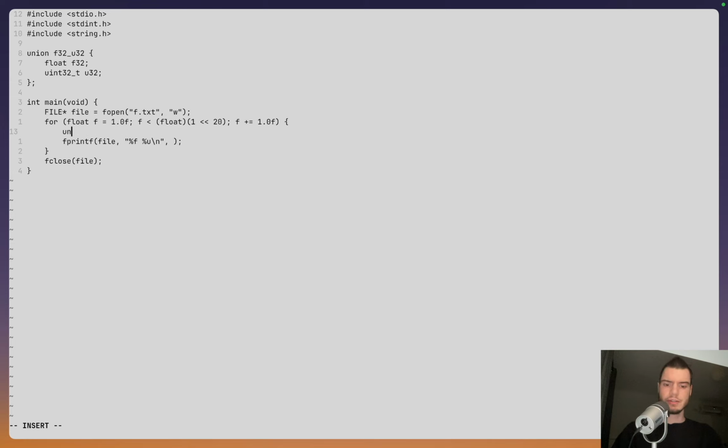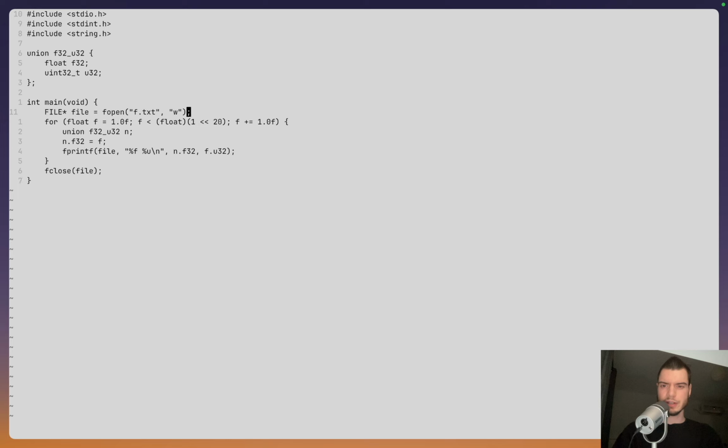And here we're just going to create again our union type variable. Going to assign the iterator float to the floating point member. And we're going to read both members and just print them. And I think that should give us roughly what we want.